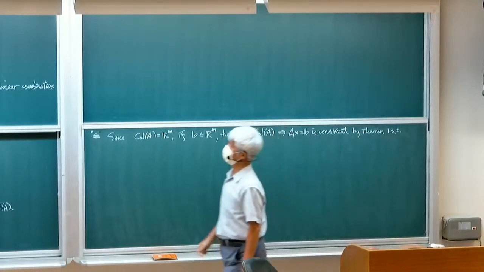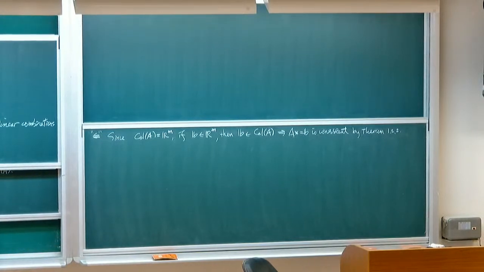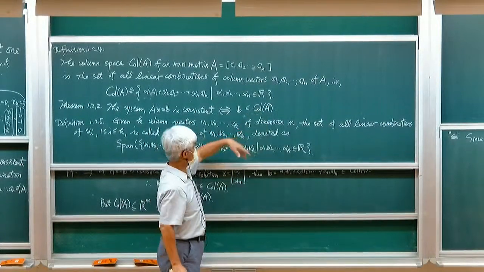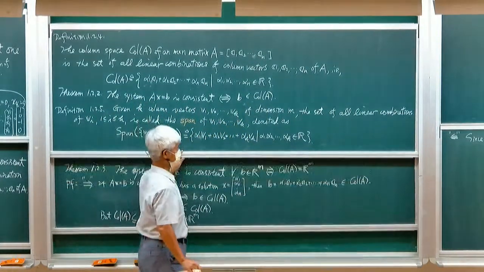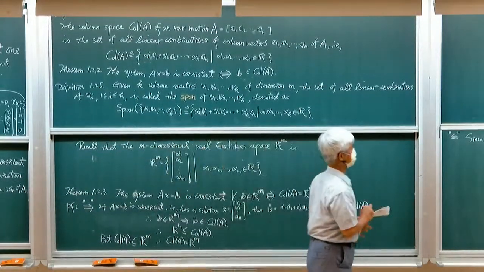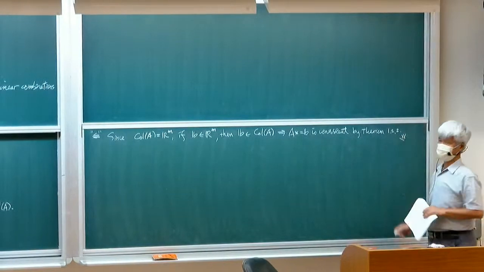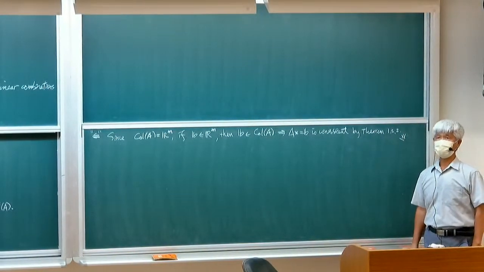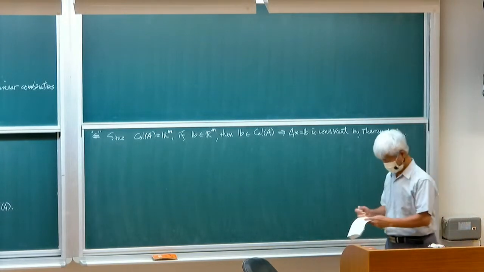Okay, by this theorem, if B, the right-hand side vector, is in the column space, then the linear system is consistent. Any questions? Okay, no.